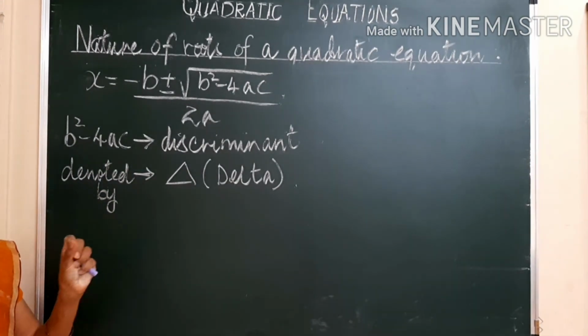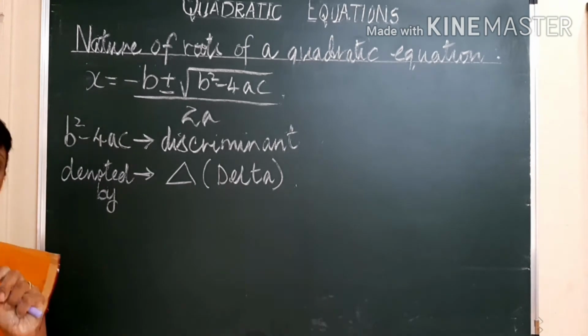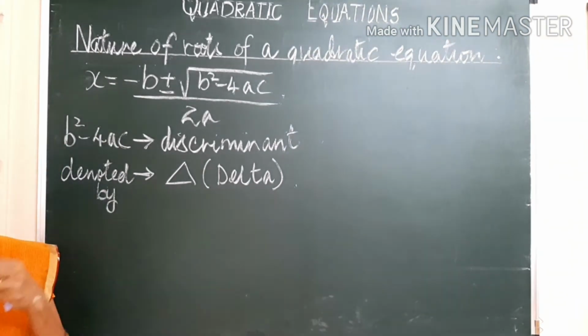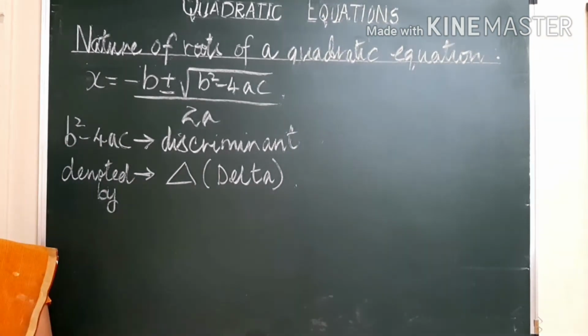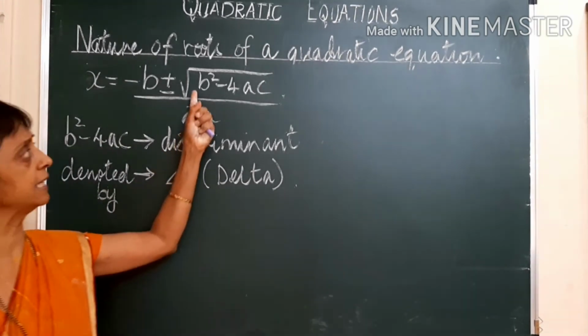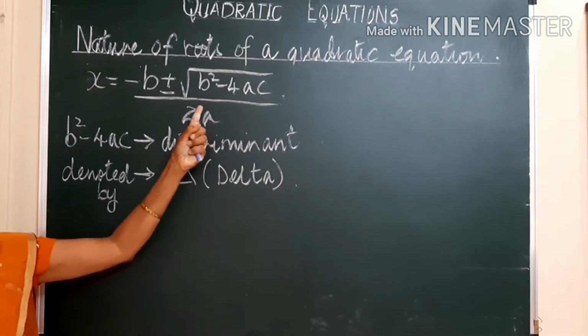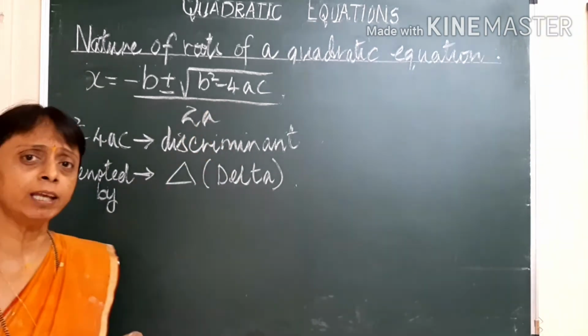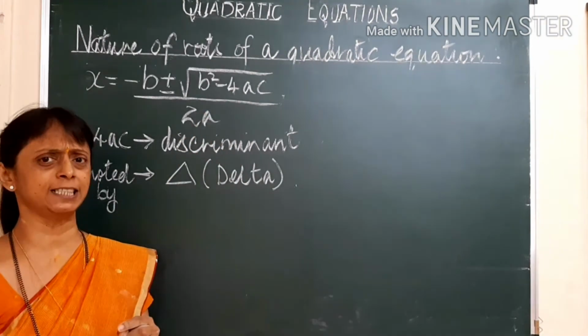Now, what do we understand by this? When you know the values of a, b, c from a particular quadratic equation, you substitute and try to obtain the value of the roots. Now, when you substitute the values of a, b, c in this particular discriminant, you get three possibilities, children.